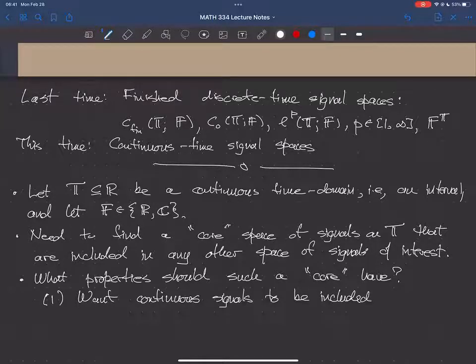You would like continuous signals to be in there. Your basic collection of signals should contain continuous signals.